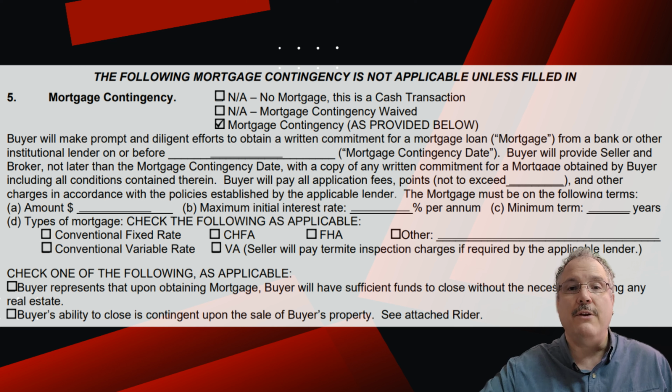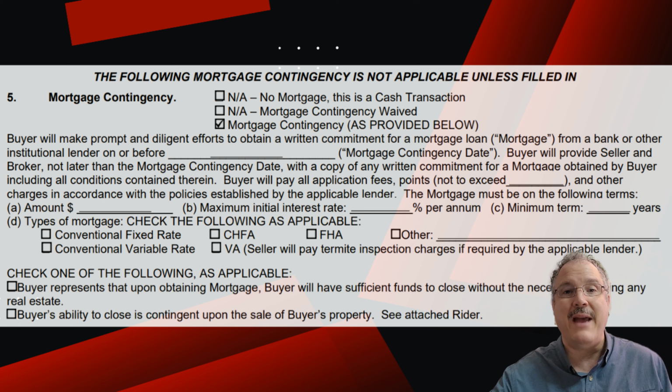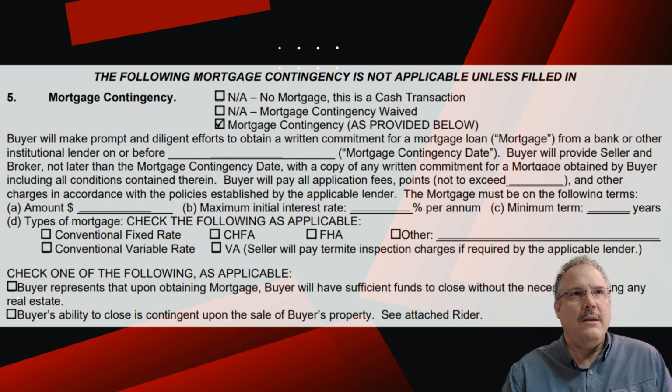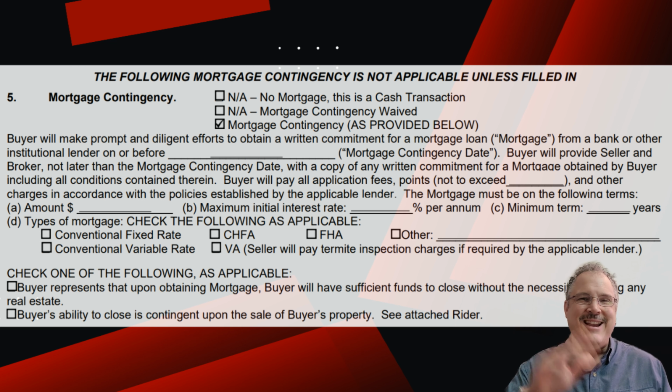Therefore, they get the earnest money deposit back. You would get your earnest money back in that situation, but you have to exit the contract in a legitimate manner. You can't just get the offer accepted, get under contract, and then a week later change your mind. You're going to lose your deposit if you do that. But we do have the mortgage contingency here.